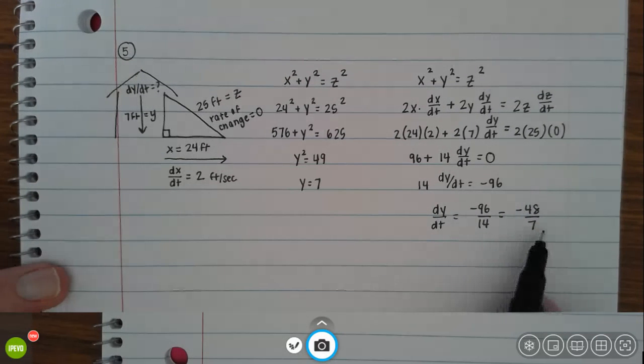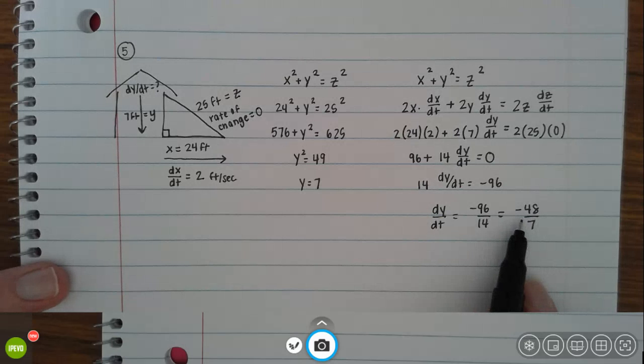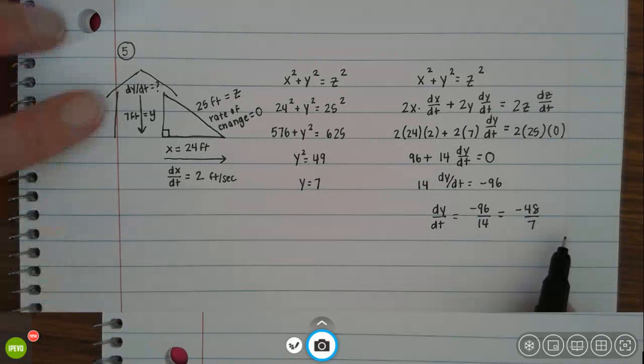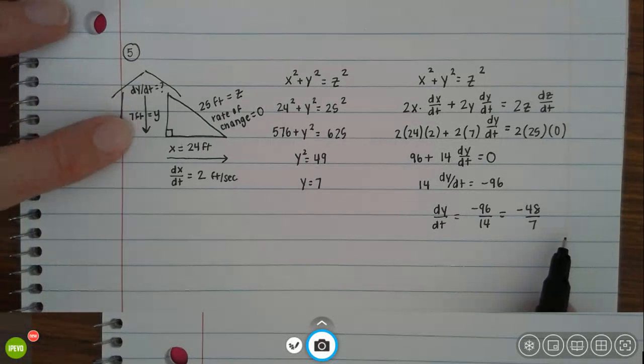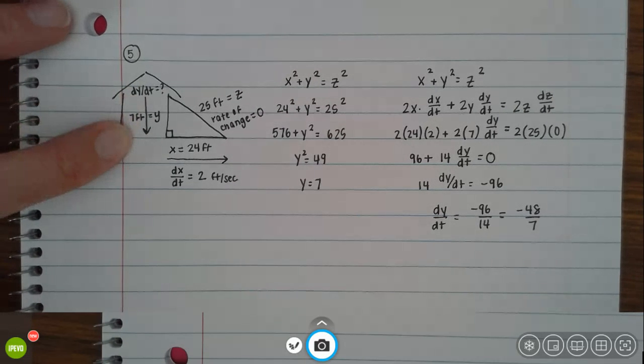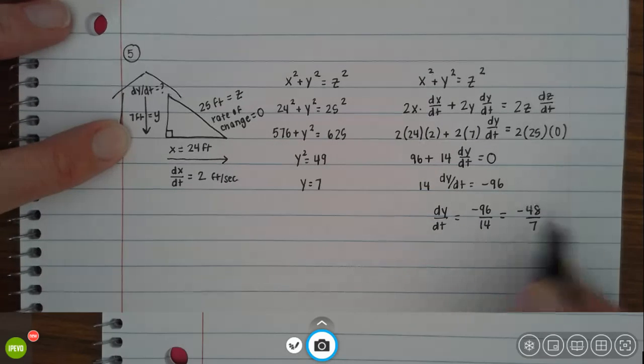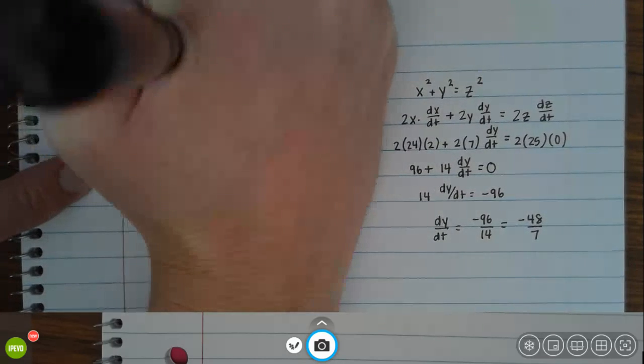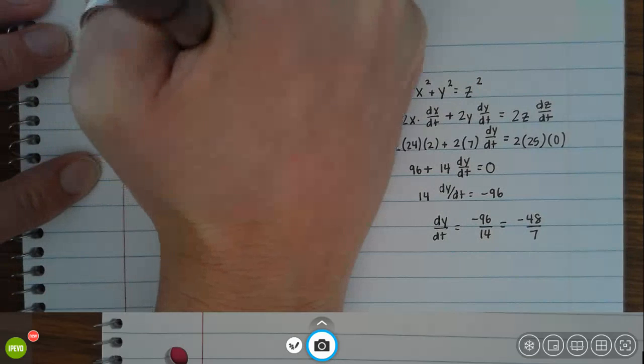So in terms of the sign of this, we're noticing that the sign of dy dt is negative, which makes sense because when our rates of change are decreasing, or when the length is getting shorter, your rate is actually going to be negative. So I'm just going to summarize that up here.